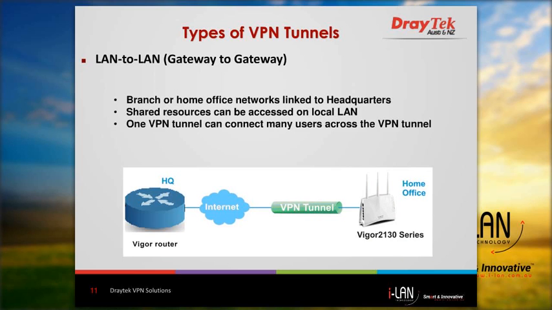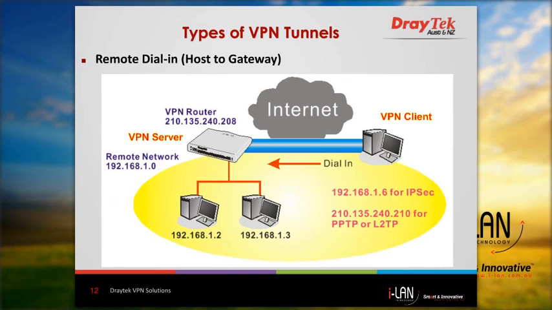Users at the branch office can access servers or printers, for example, as if they were on the local network. In this mode, only one VPN connection is created, and all staff at the branch office can access the head office services. At the same time, head office staff can access the branch office services, so it allows two-way communication across the tunnel.